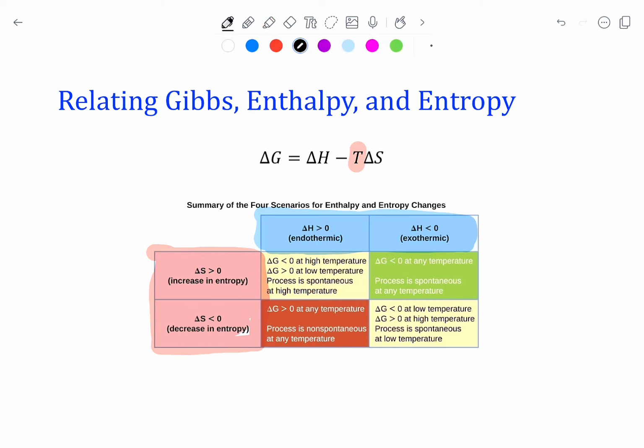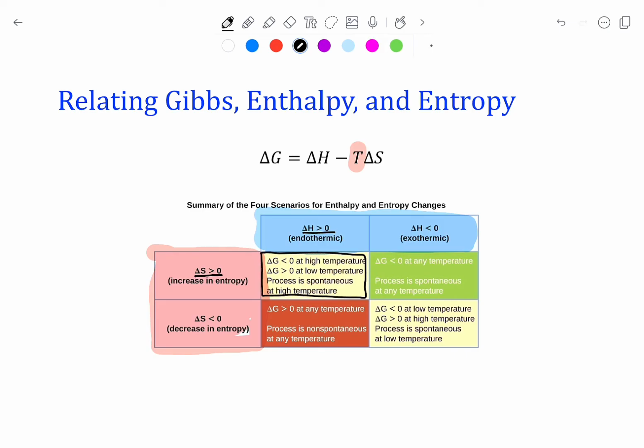And now what we can do to tell us what the sign of our delta G is going to be is compare those signs. So if we know our delta H is positive and our delta S is positive, we see where those two pieces come together, where they meet up. They meet up here in this first square.